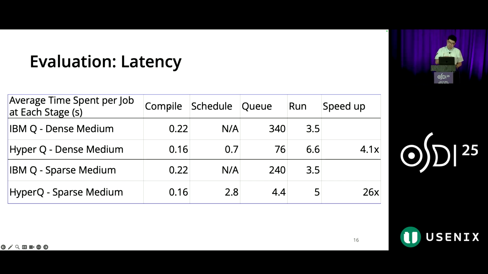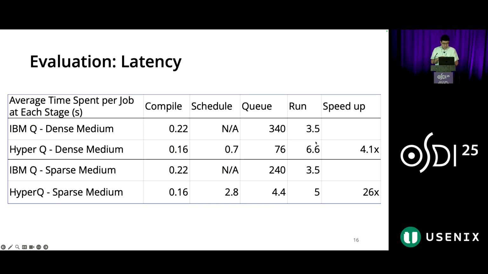We can find some interesting observations. The compile time using HyperQ is smaller than the compile time on the IBM platform. That is because our compilation targets a smaller virtual backend instead of the larger 100-qubit graph of the bare metal machine. You can also see that the average running time on the IBM cloud platform is smaller than the average running time on HyperQ.